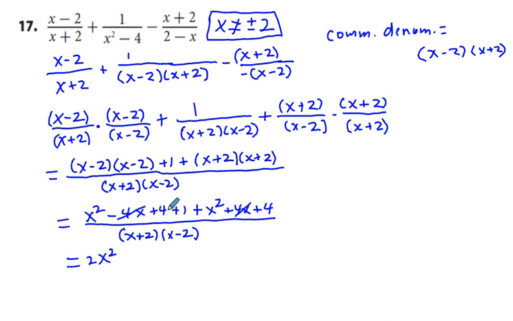And we're going to have 4 plus 1 plus 4, 2x squared plus 9, all over quantity x plus 2, x minus 2. Get this erased a little more legibly situated.